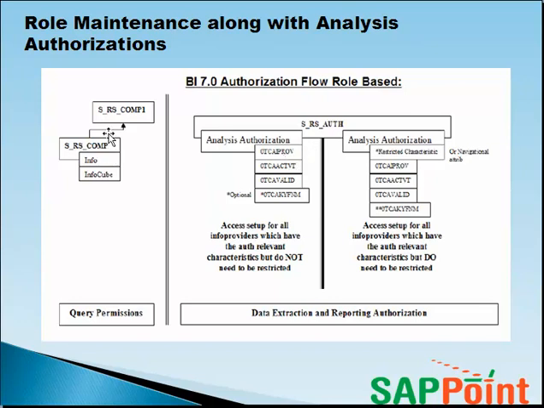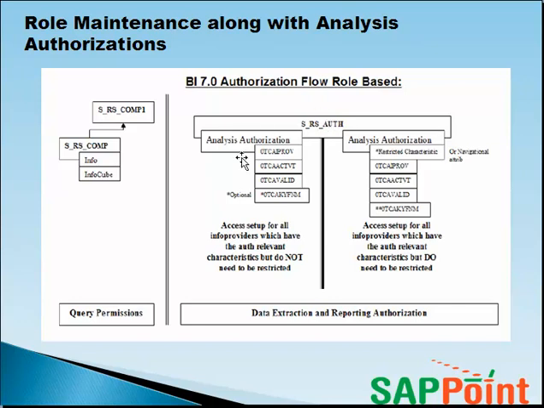Now, S_RS_COMP and S_RS_COMP1, we need these for giving access to a query. We needed them in BW, and we need them in BI also. The difference between BW and BI is that the info provider objects are no longer needed in BI. They are replaced by analysis authorization, and the analysis authorization is assigned to the user in a role using this new object S_RS_AUTH.